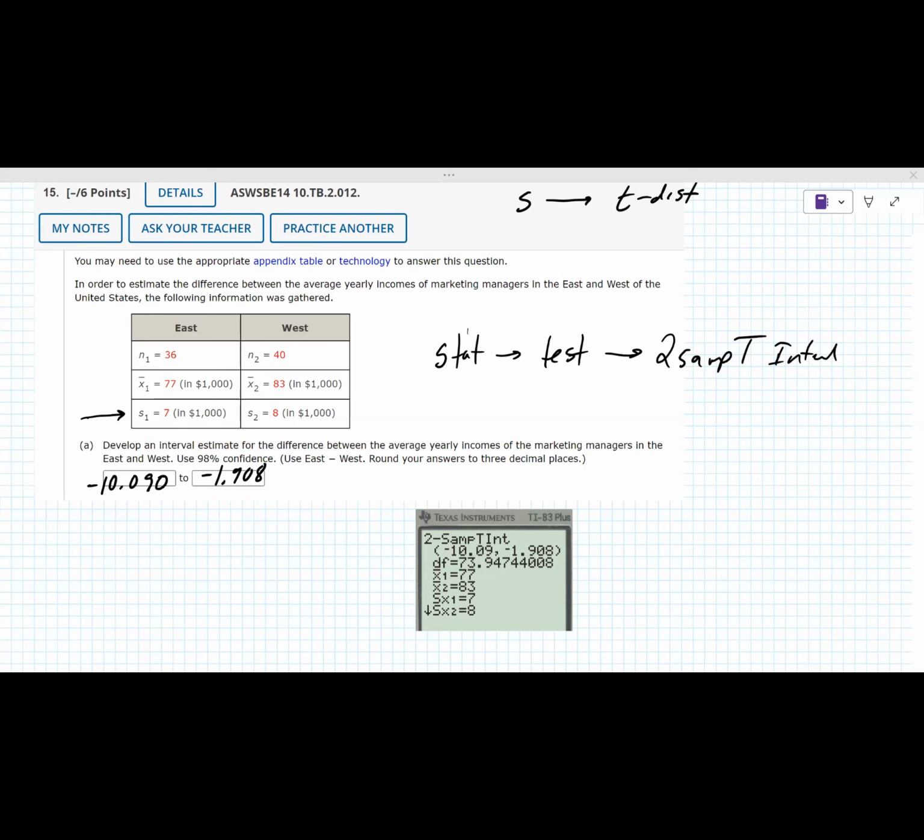Sample mean 83, standard deviation 8, sample size of 40. And we are pulling the variances, and we're doing a 98%. Don't do that. Options, edit. No, we're not pulling the variances. All right, sorry about that. Minus 10.092. Let me check.